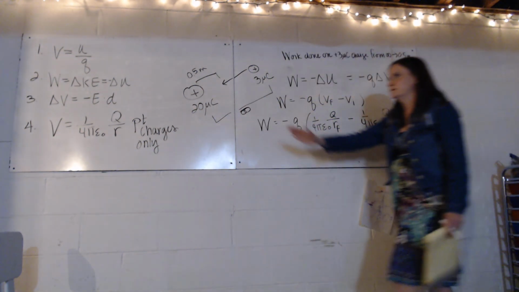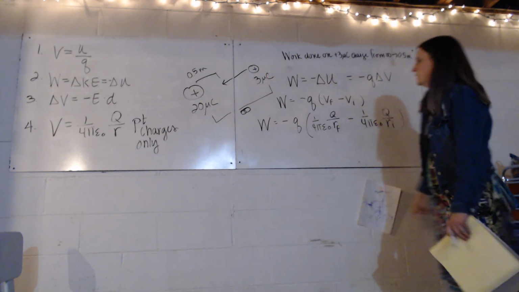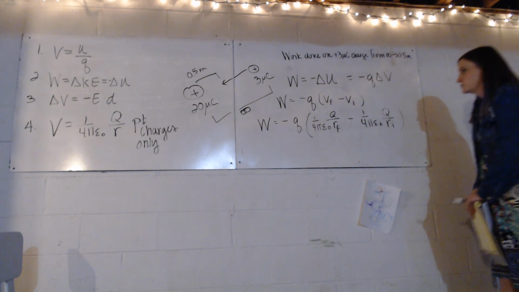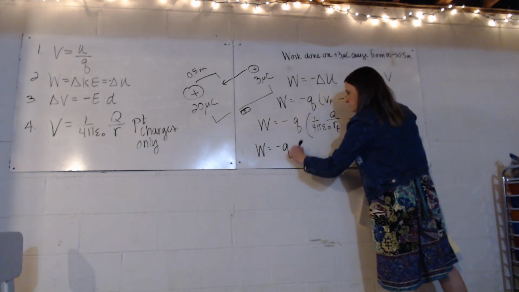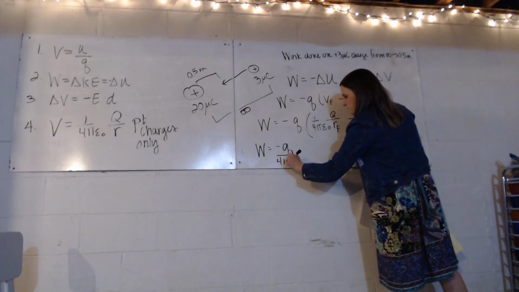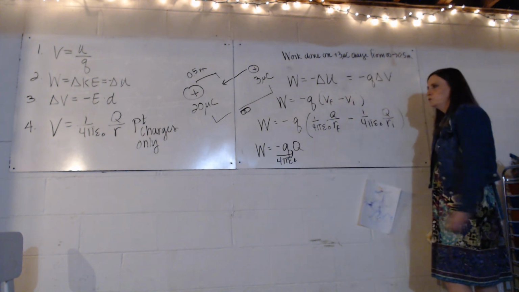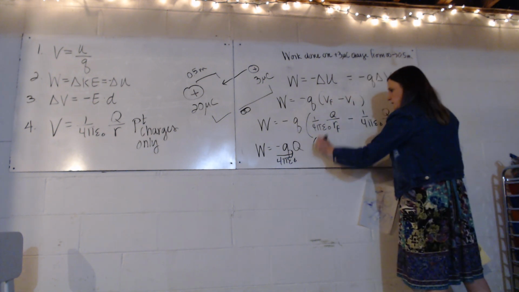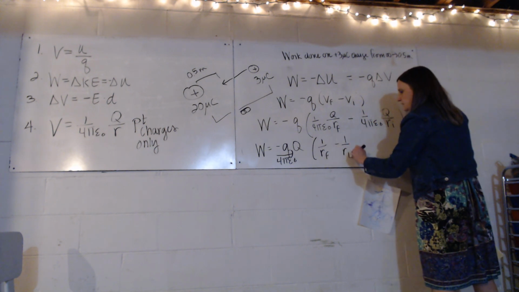Think of this as like my charged wall, and this is the particle moving around. Looking at this, I can factor out a lot. So work is equal to negative Q over 4 pi epsilon naught times Q, so the two charges are multiplied together, times 1 over R final minus 1 over R initial.